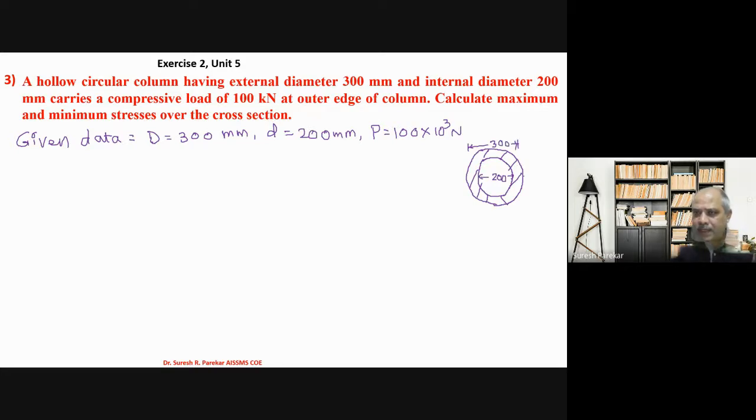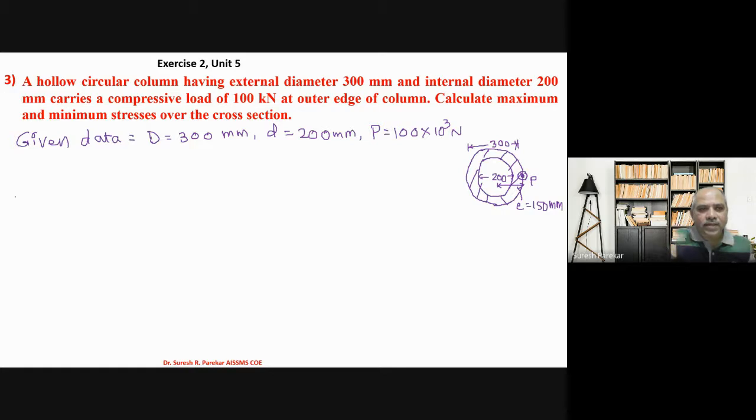And P is given somewhere here. So we have the value of P, and therefore E, if we see, will be equal to 150 millimeters.